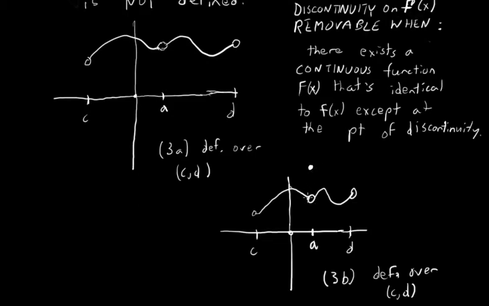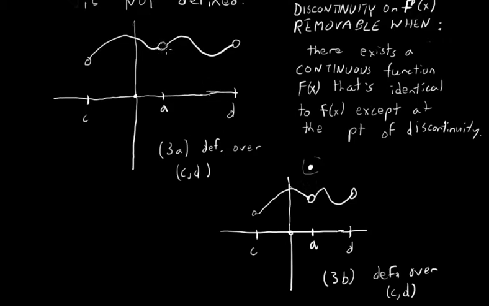But this discontinuity is also removable, because there exists a function here that's the same as this function except at this point of discontinuity. And what's that function? It's the function which at A, instead of being defined here, is defined where this hole is. So this is another way you can have a removable discontinuity.